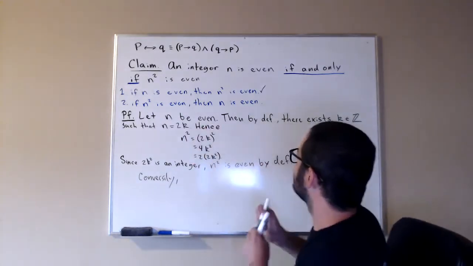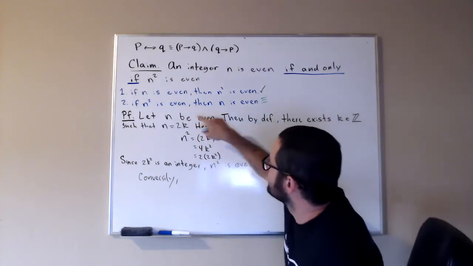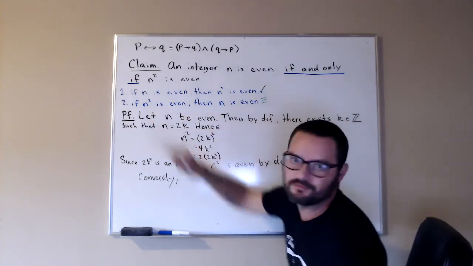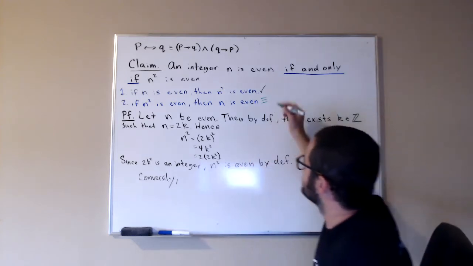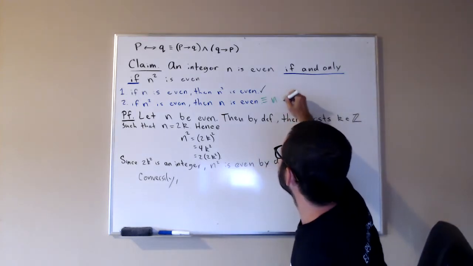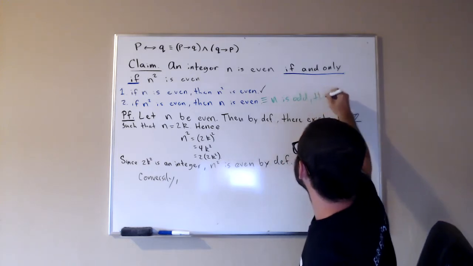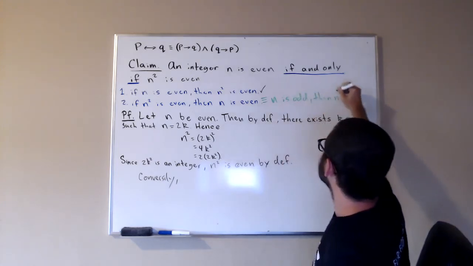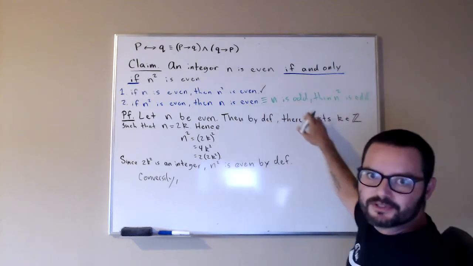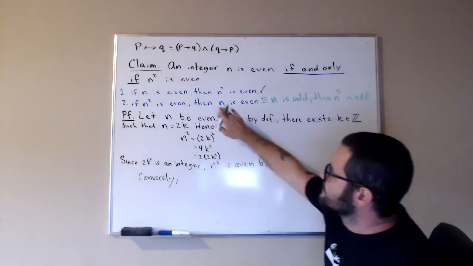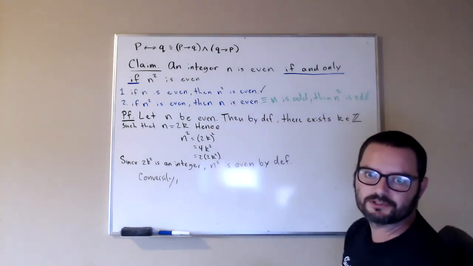So you negate the conclusion and you prove that that implies the negation of the hypothesis. So this would be: if n is odd, then n squared is odd. These are equivalent statements because this is the contrapositive of part 2. So if we prove this, we prove part 2. And that's what we're going to do.